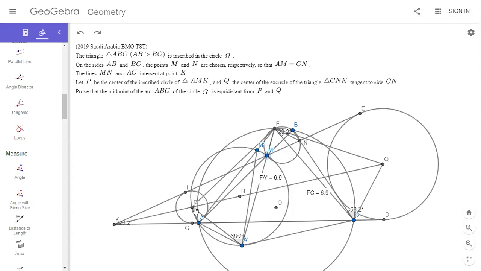So if M prime N is parallel to PQ, that solves the problem.